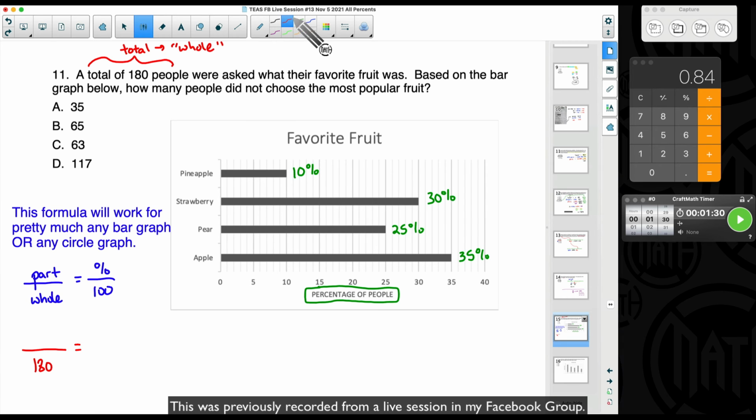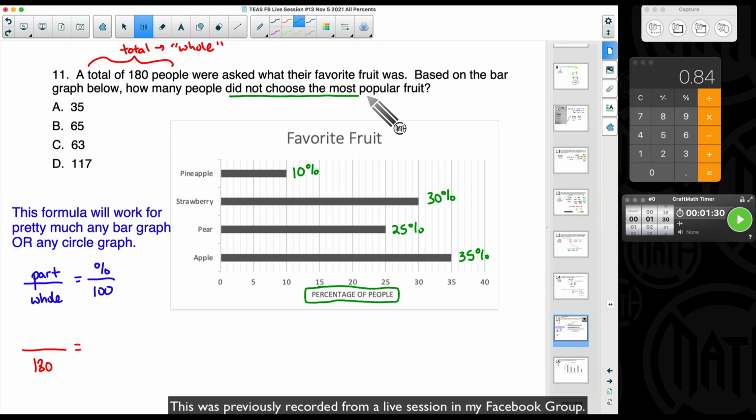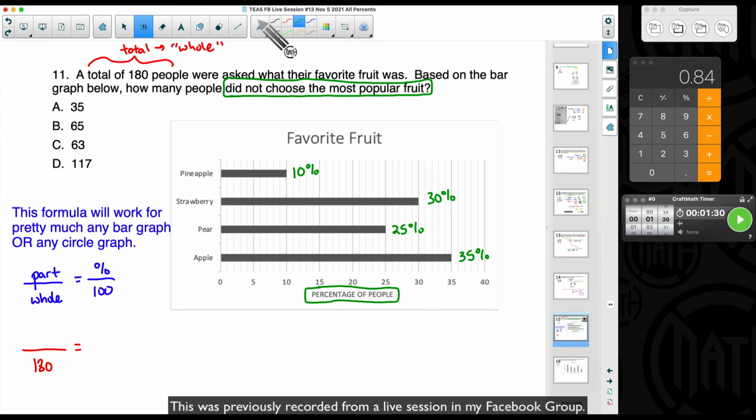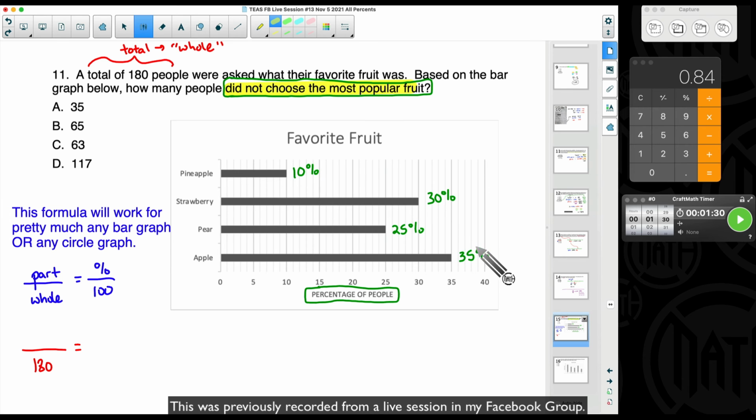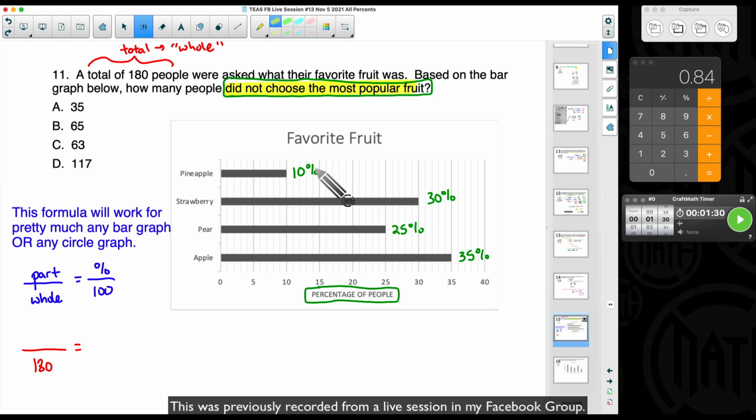Now, the question says, how many people did not choose the most popular fruit? Did not choose the most popular fruit. There's a couple of ways you can determine that. You can either take 100% and subtract the most popular one, which is apples, 35. If you take 100% minus 35%, you get 65%.